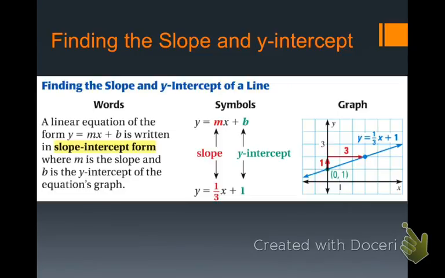So, in this example, y equals 1/3 x plus 1, 1/3 is our slope, and 1 is our b. So graphically, 1 is where our equation crosses the y-axis, and then if we use the slope, up 1 to the right 3, we find a second point, and that gives us the graph of our line.